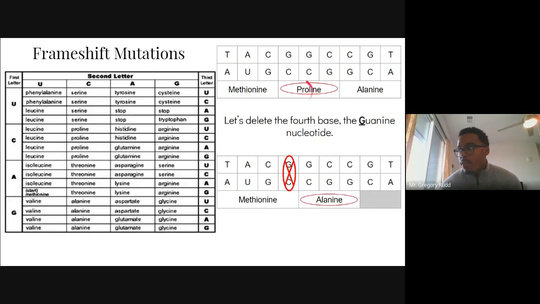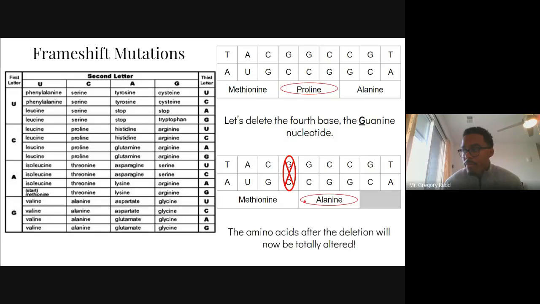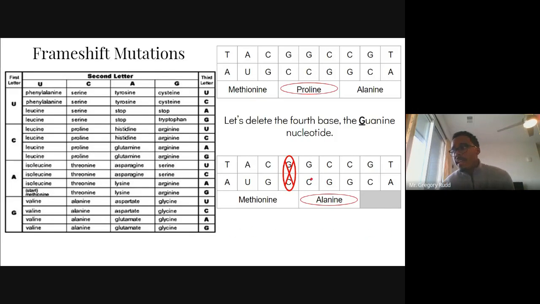I did have proline, now I have alanine. Then my next codon was supposed to be GCA, but look what it will be now. It's CA, whatever comes next. So everything that takes place after this deletion is going to be thrown off. Instead of methionine, proline, alanine, now I have methionine, alanine, something else.